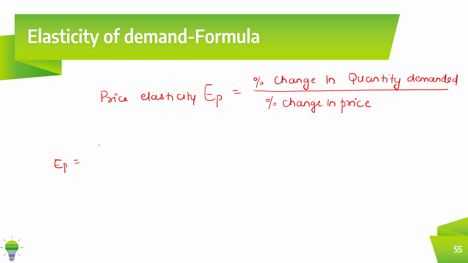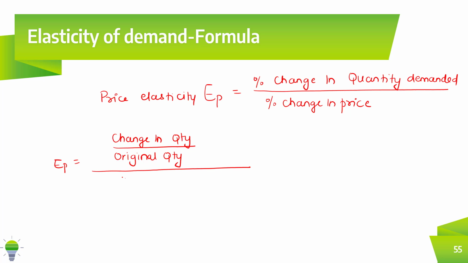We can also write it as change in quantity divided by the original quantity, whole divided by percentage change in price. So change in price, we need to divide it by original price for finding the percentage. Original price multiplied by 100.